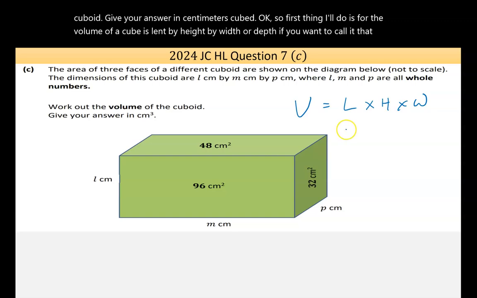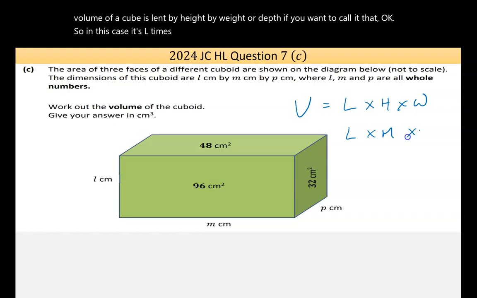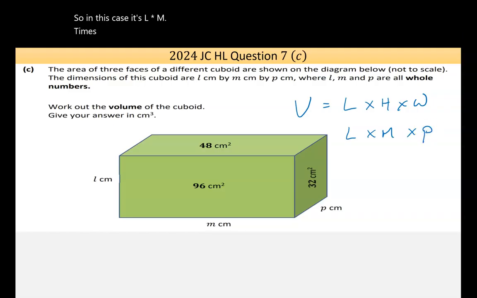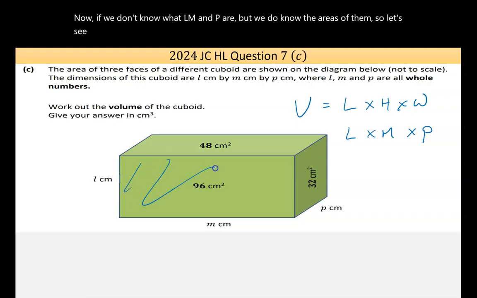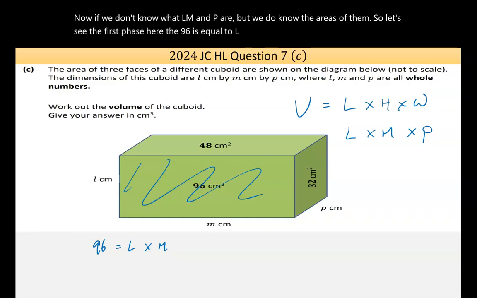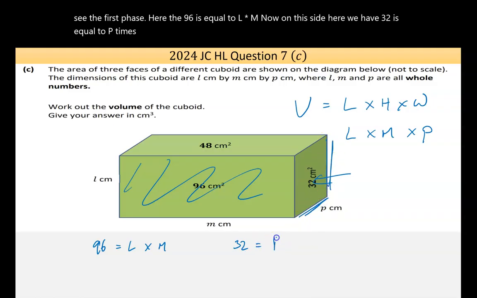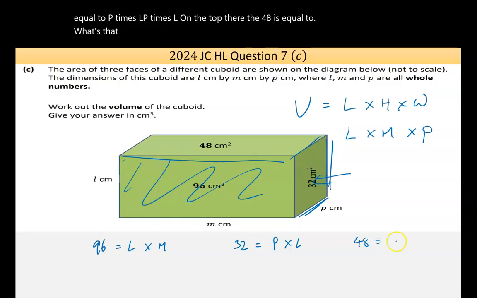So in this case, it's L times M times P. Now, we don't know what L, M, and P are, but we do know the areas of the faces. So the first face here, 96 is equal to L times M. On this side here, 32 is equal to P times L. On the top there, 48 is equal to M times P.